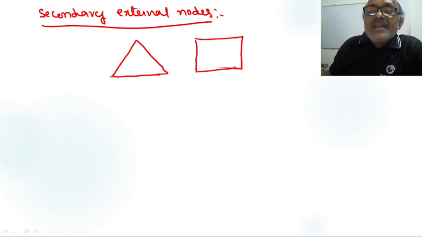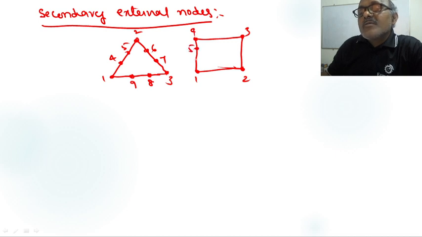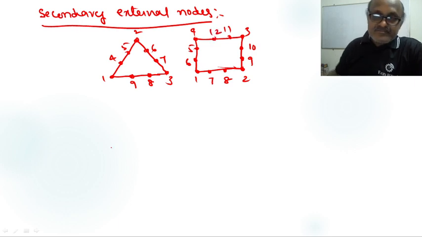Here the primary external nodes are 1, 2, 3. Then 4, 5, 6, 7, 8, 9. Similarly, here is 1, 2, 3, 4, 5, 6, 7, 8, 9, 10, 11, 12.